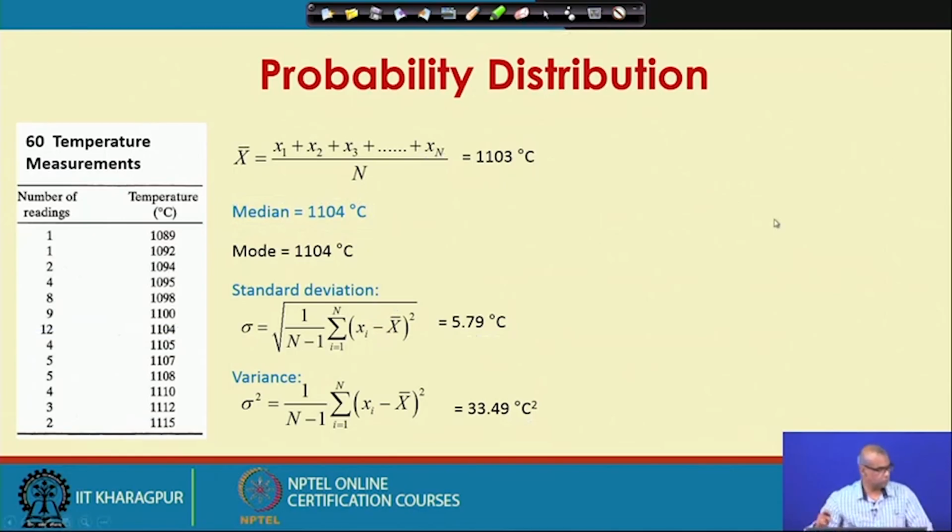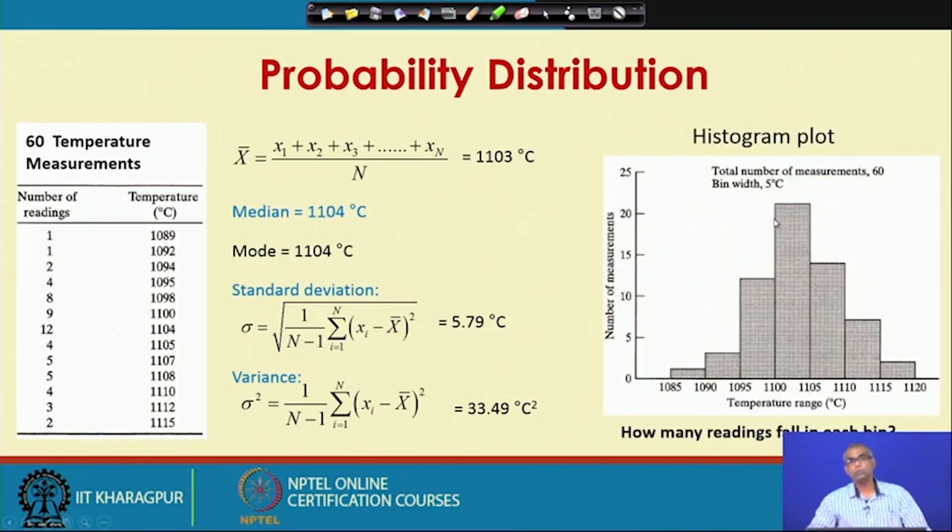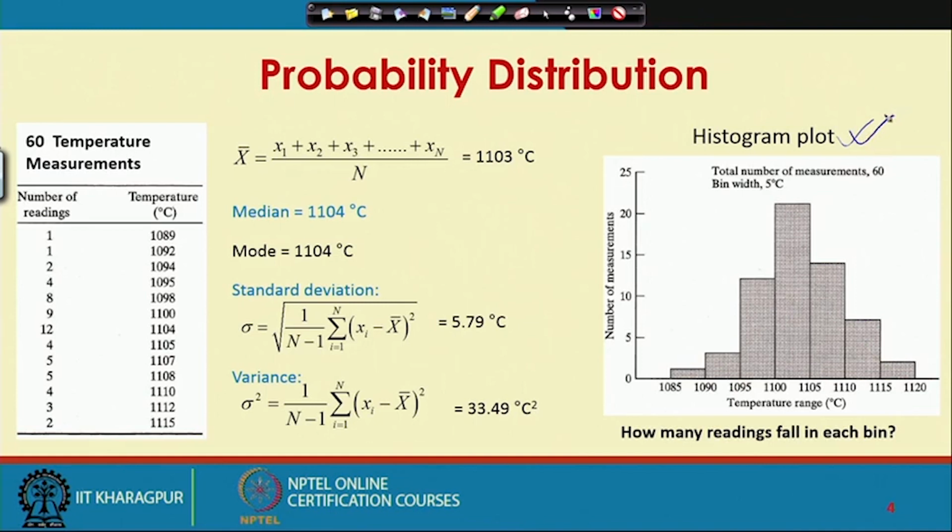Now, we can also have a histogram plot. So, by histogram plot, what we first ask is, if I divide this temperature range into small bins of say 0.5 degree Celsius each, how many readings will fall in each bin?